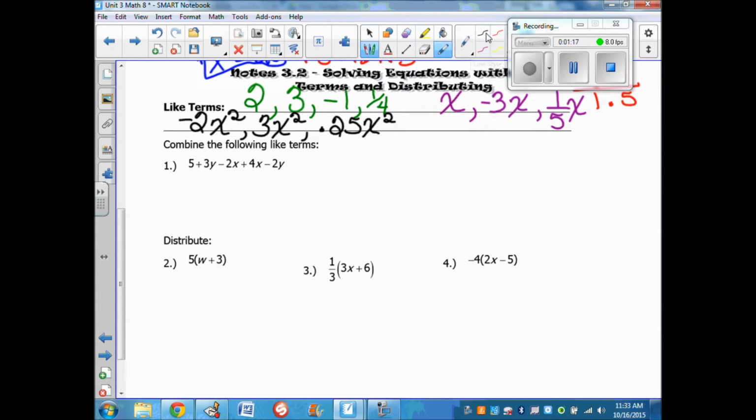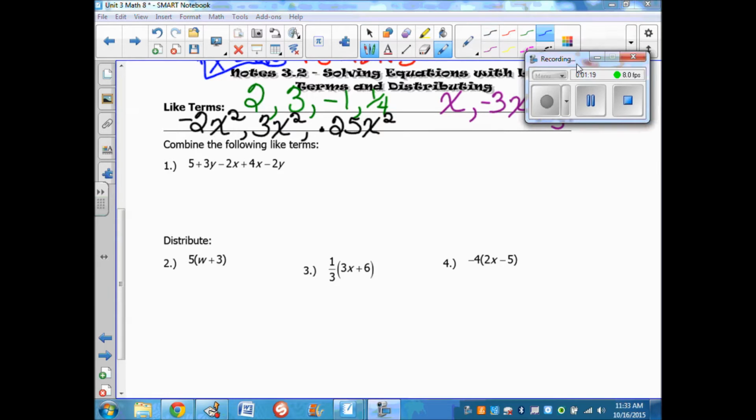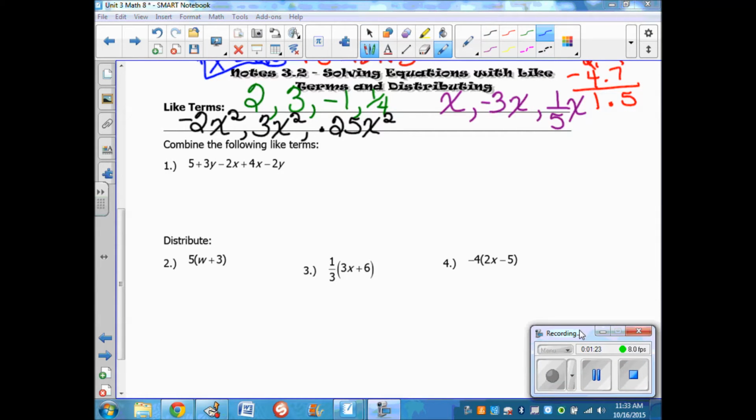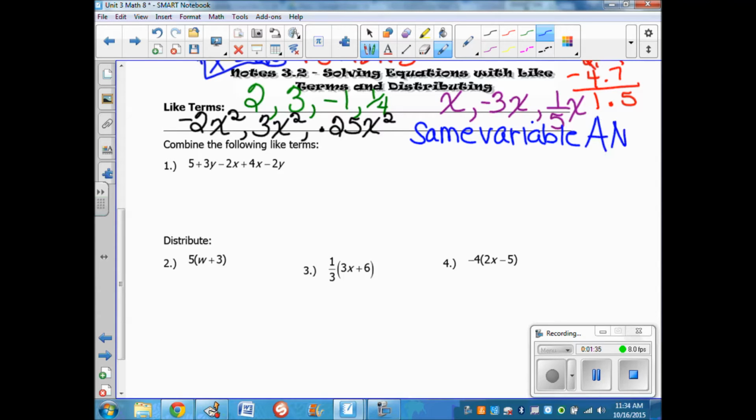So let's talk about a definition of like terms. The definition of like terms is they have to have the same variable and the same exponent.